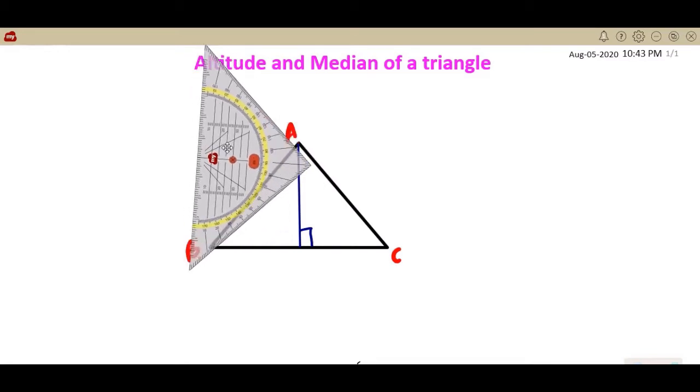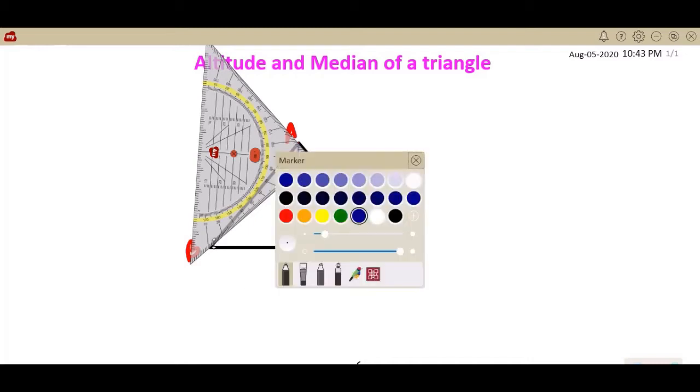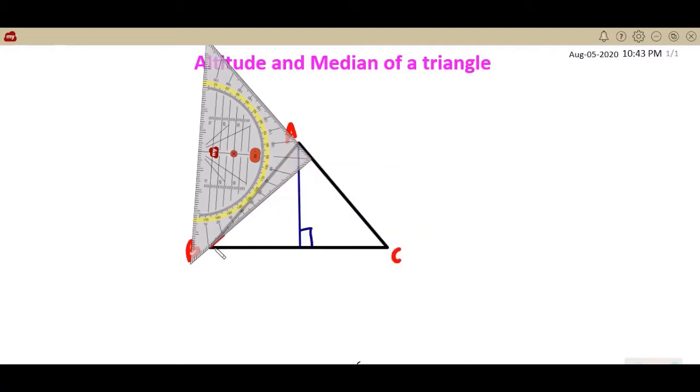Now, in order to draw from the other side the same mechanism, we will be using, put the set square aligned in such a way that you can draw the altitude from side AC, and just taking another color so that you can see it very clearly after drawing.